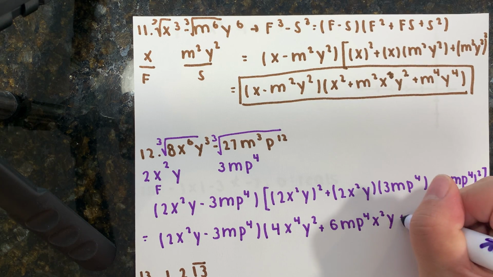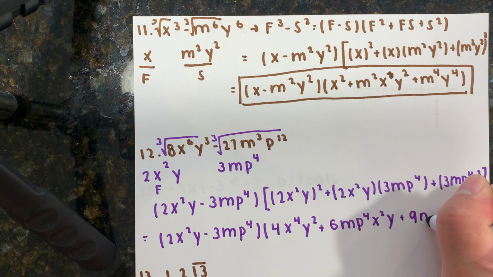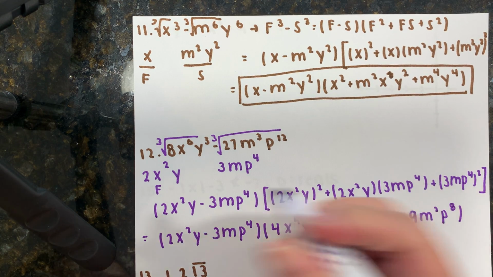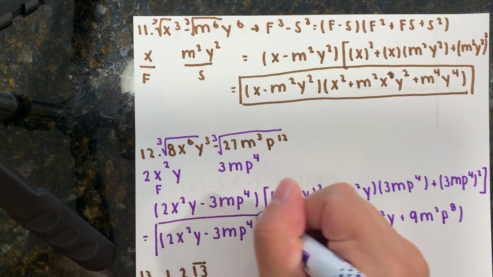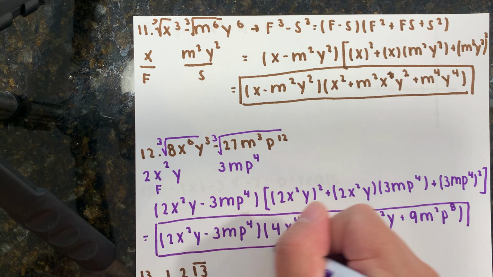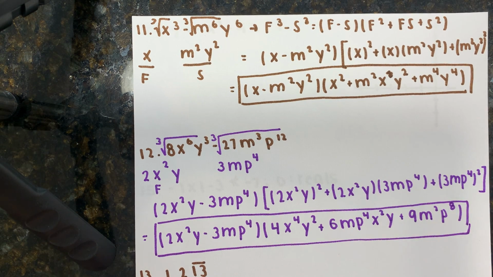Square this, should be 9 m squared p to the 8th. And this would be your answer. So I realize your answer does get a lot longer than it was before, but that's how you factor.